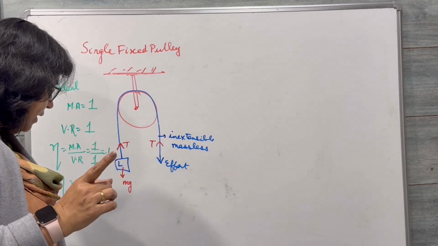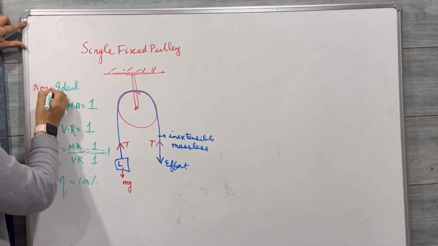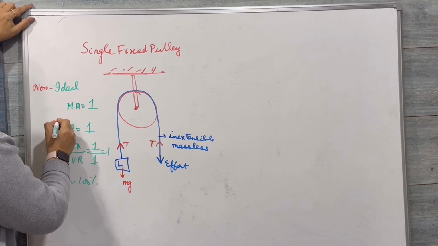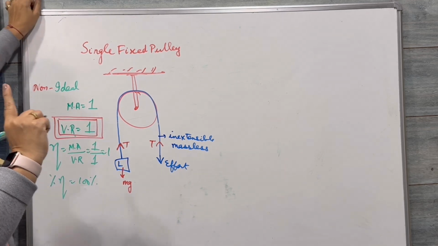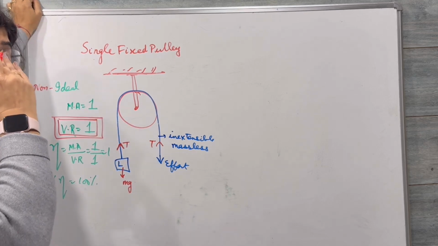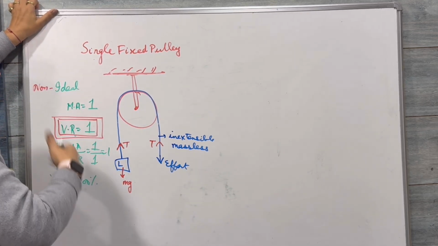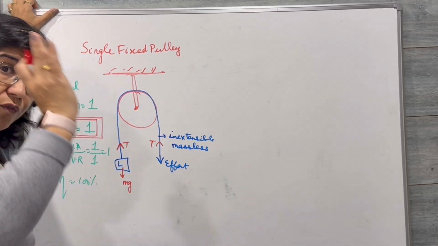In all the pulleys, if it is a non-ideal case, please remember, even then you have a best friend called velocity ratio. Velocity ratio will never change. If I am saying for single fixed pulley, ideally velocity ratio is 1. For every single fixed pulley, velocity ratio will be 1.